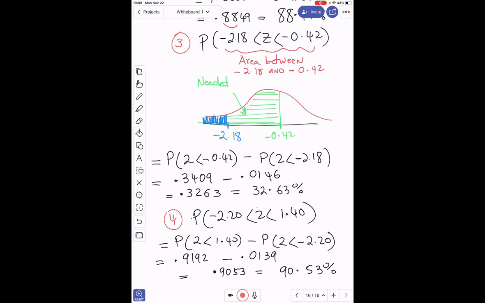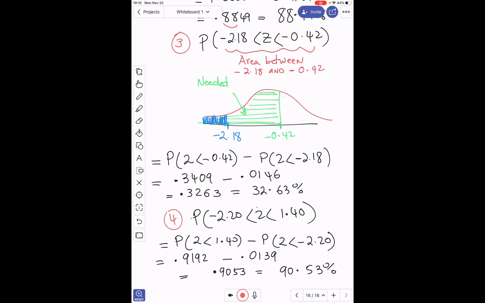Next, the goal would be to find the areas and probabilities for a random variable x that follows some normal distribution where the mean and the standard deviation are arbitrary. They don't have to be 0 and 1. So that's our next section, 7.3.